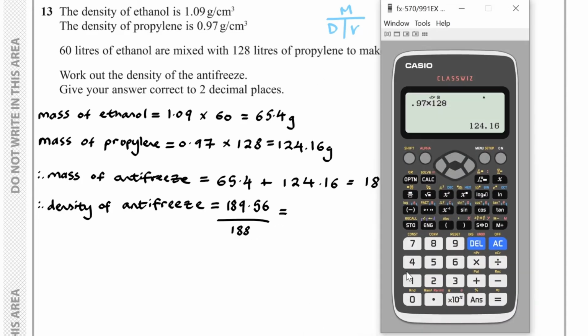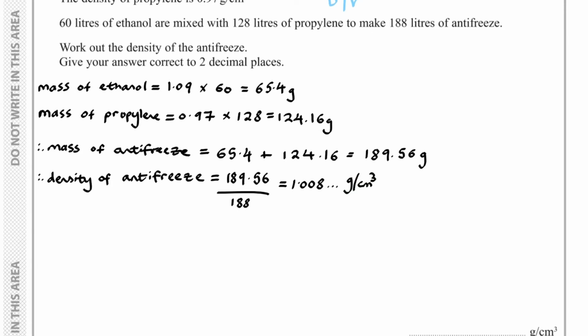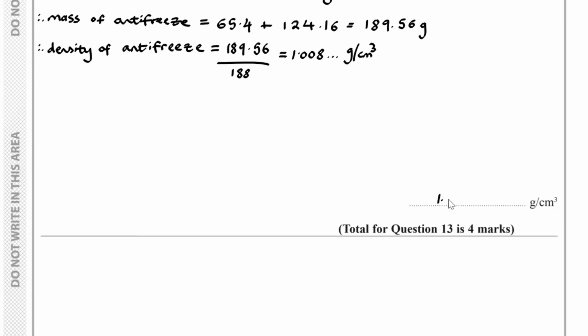So if I work this out, 189.56 divided by 188, that's equal to 1.008 grams per centimeters cubed. So therefore to two decimal places we have 1.01 grams per centimeters cubed.